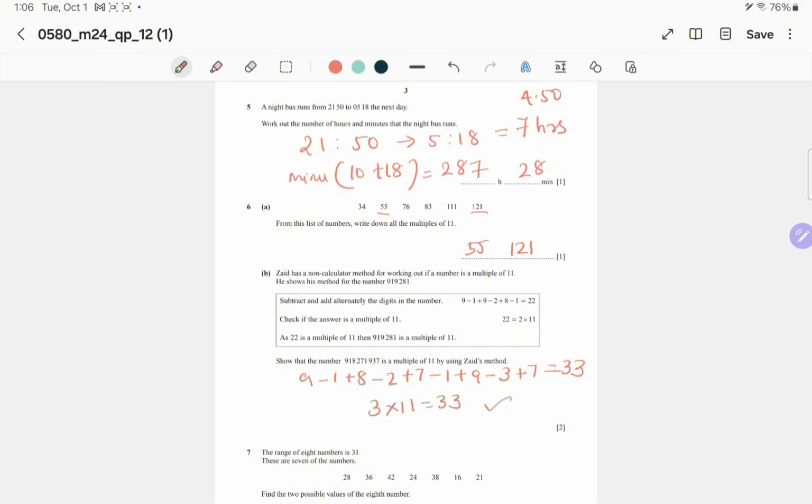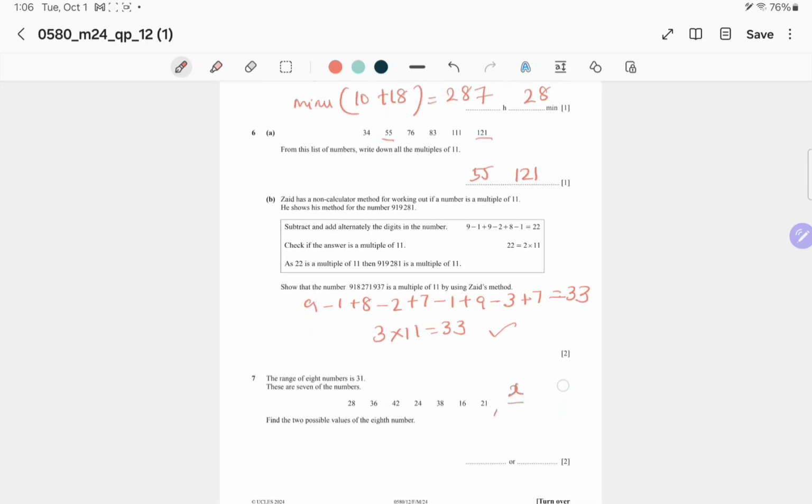The next question, the range of 8 numbers is 31. These are the 7 numbers it has been given here. So find the possible 8th number, 2 possible 8th numbers. Okay, so it can be x. So how will you calculate it? So maximum value minus the minimum value is the formula to calculate the range.